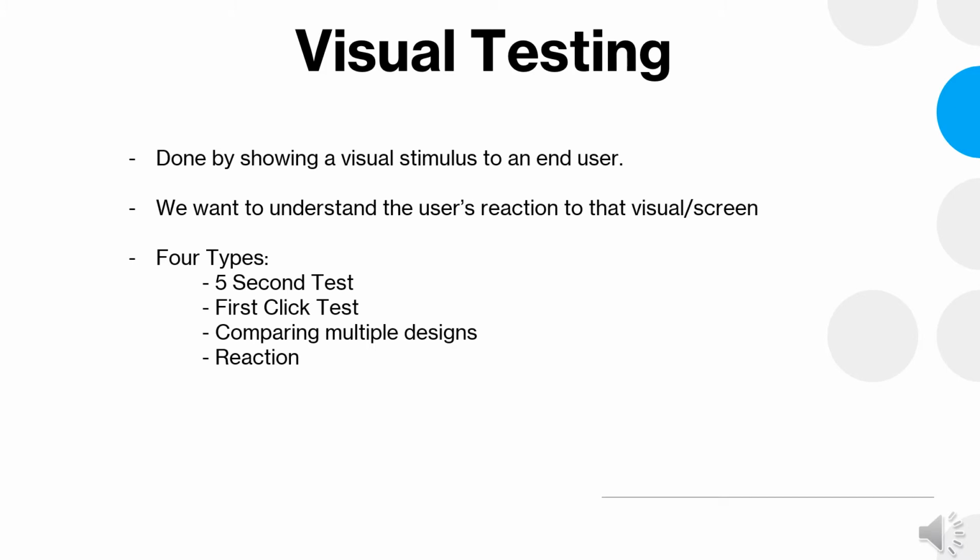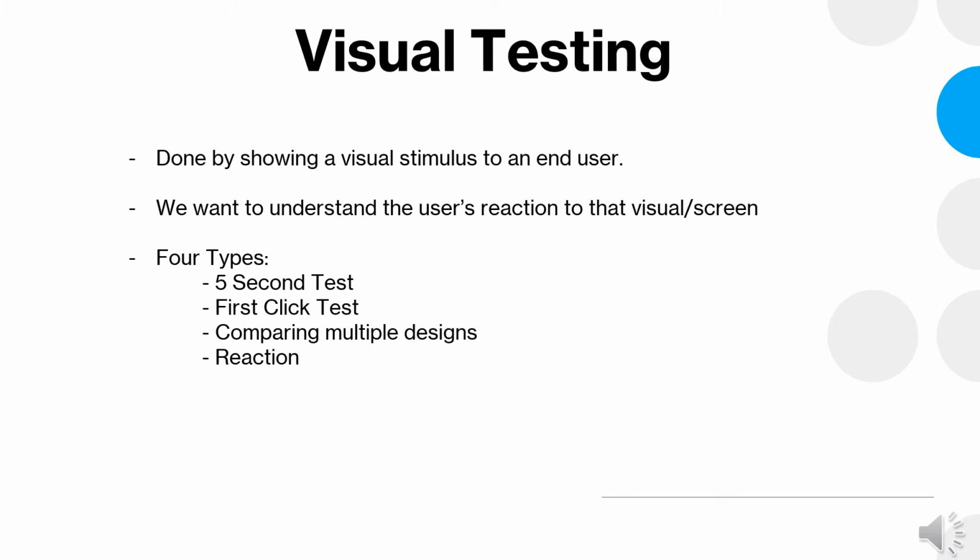We usually conduct visual testing because, like we've said in the previous technique, it only looks at the expert's opinion, and that doesn't necessarily reflect the user's reaction or behaviors to that screen or that visual. So with visual testing, you're trying to get the actual user's reaction to whatever you're showing them.